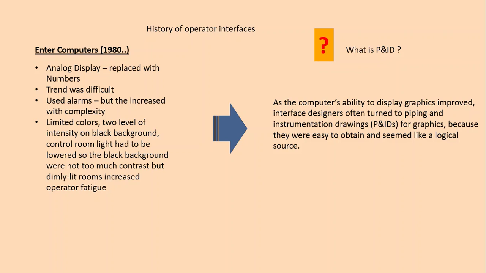So the operator had to sit in front of the monitor, not on the left or right. So there were a lot of limitations. But as the computer system's ability improved over time, the HMI design also improved.